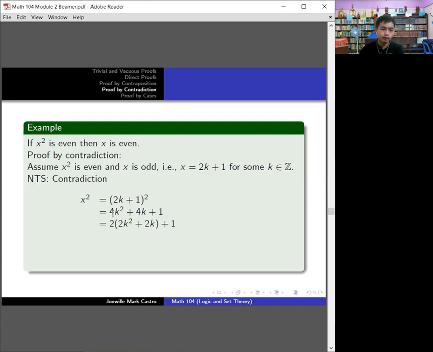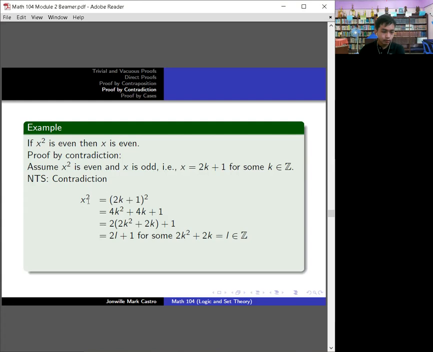Then, we factor out 2 from 4k squared plus 4k. So, we have 2 times (2k squared plus 2k) plus 1, which is in the form 2l plus 1 for some l in Z, which is equal to 2k squared plus 2k.